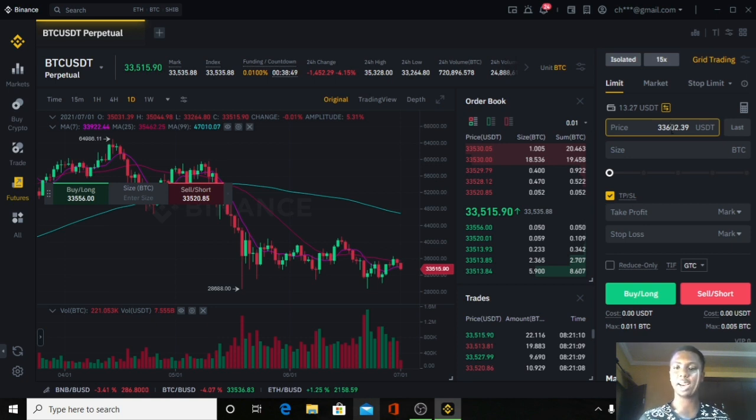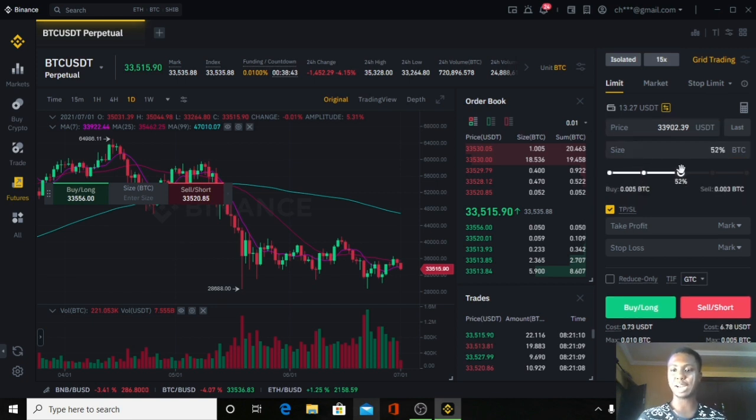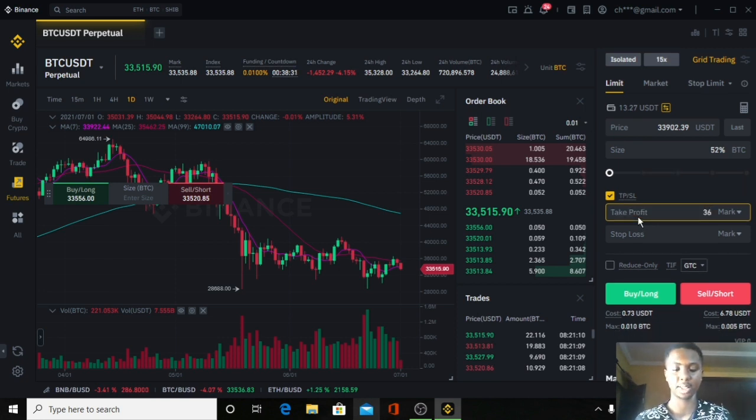So let's say I want to put a conditional buy trade at 33.9. I want to use 52% of my trading portfolio for that trade, and I put my take profit at, let's say, 36,500, and then put my stop loss at 33,000.